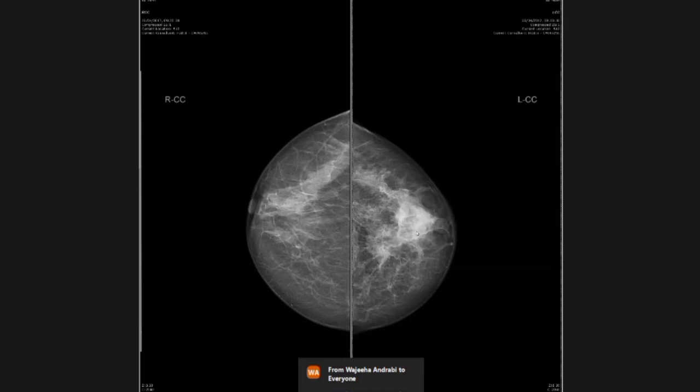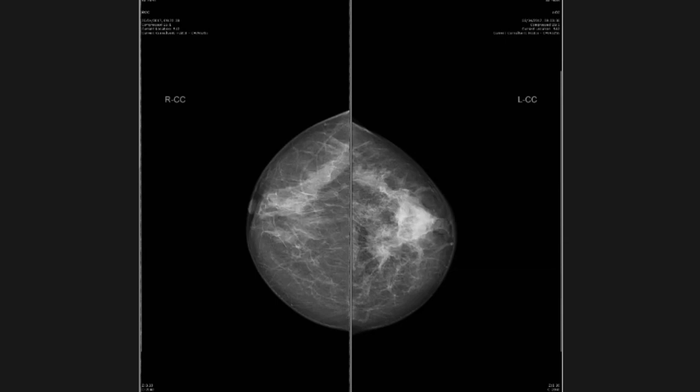Okay, now this is the CC view of both breasts, and again the findings are fairly similar in this case, with the more centrally positioned lesion having thick overlying skin thickening, and I'm unable to appreciate any calcification in the given lesion.